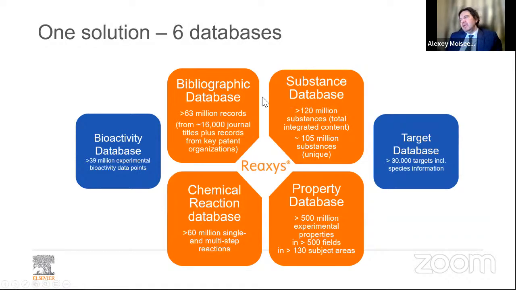In Reaxys, the bibliographic database includes a lot of documents: articles from journals, patent information, books, and materials from conferences, and you can search over these documents very fast. Working with literature in Reaxys is very, very effective.